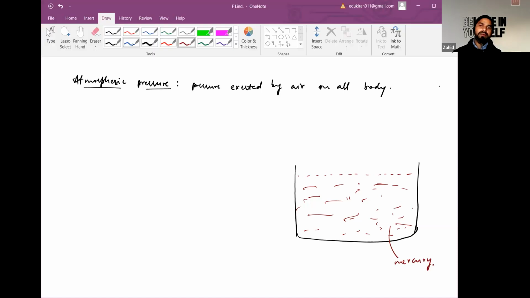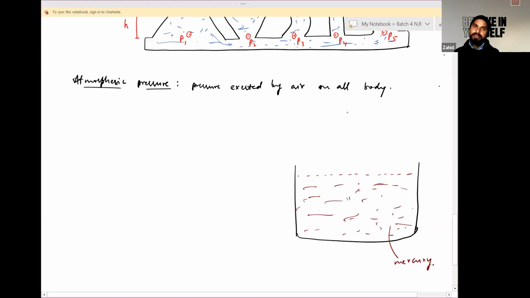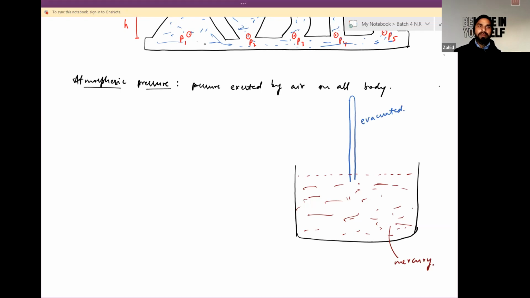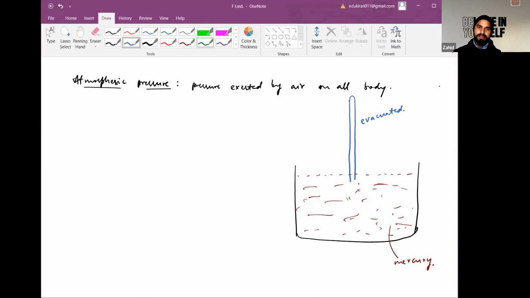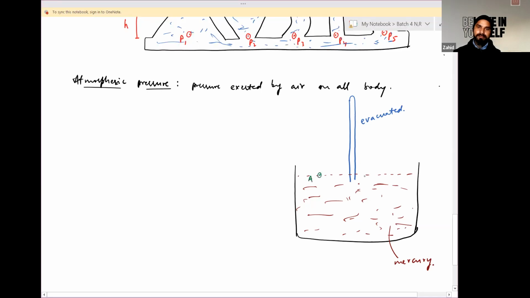And a vertical inverted capillary tube, a very thin tube, is placed into it like this, and it is evacuated, meaning there is no air inside it. Now, let's say this is point A, this is point B, and this is point C.